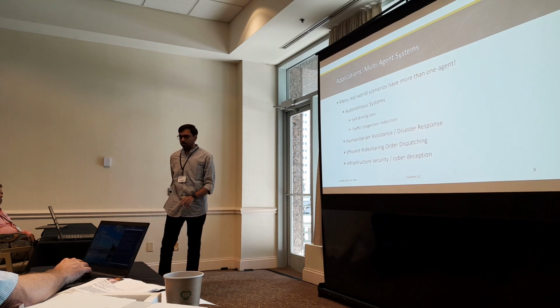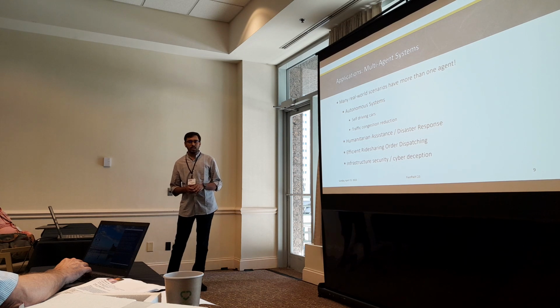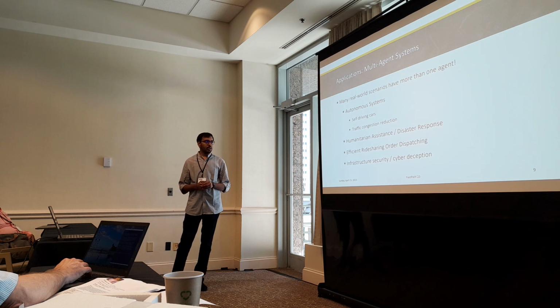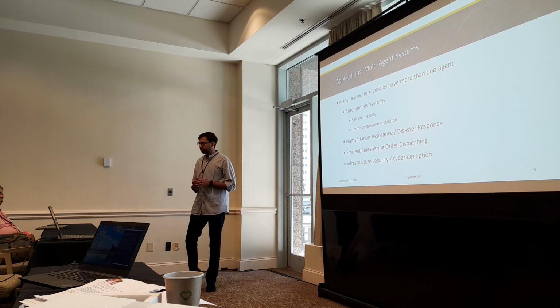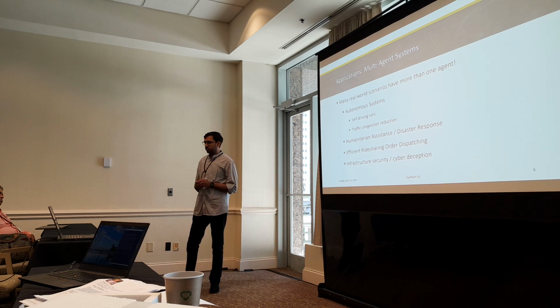Okay, many real world scenarios have more than one agent. The first one is autonomous systems, such as self-driving cars and traffic congestion reduction. Assume a traffic congestion reduction scenario, right?